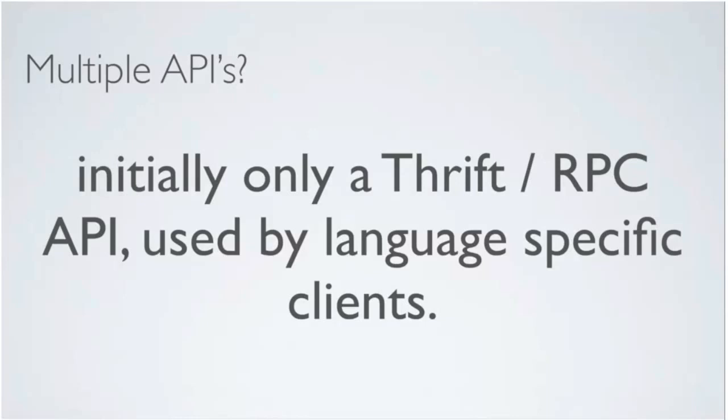That was great, but on top of that, there seemed to be a lot of work to make a language-specific client. Things like Pycassa for Python and Hector for Java and all the other ones had to do a lot of effort to make it idiomatic and make it match what they were expecting. There were also some issues around stability with Thrift, and upgrading was painful for the client libraries. And also there started to be some concerns that a strict RPC interface perhaps wasn't the most expressive way to deal with things.